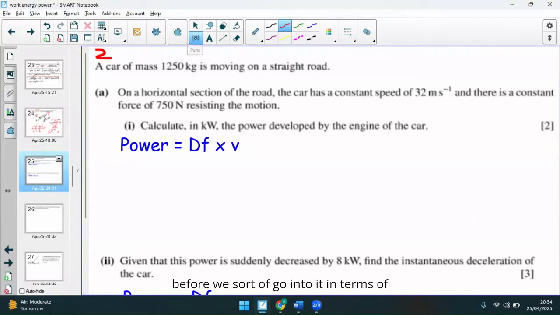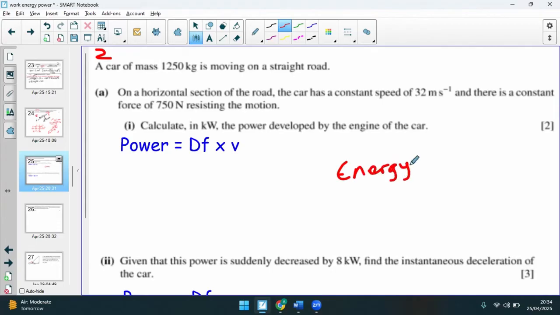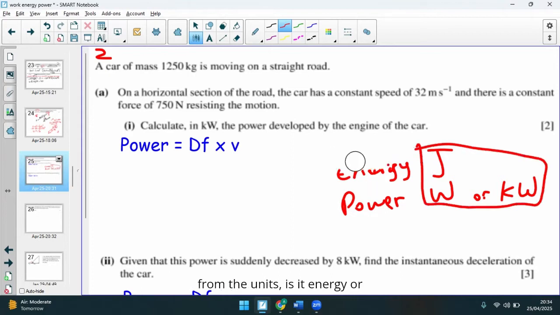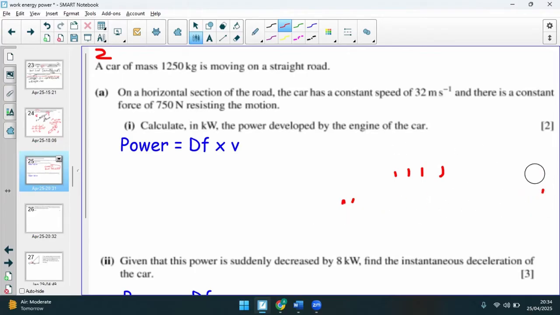Just before we go into it, in terms of units, energy is usually in joules, and power will be watts or kW. Because sometimes they won't tell you if it's energy or power, so then you tell from the units. Is it energy or is it power?